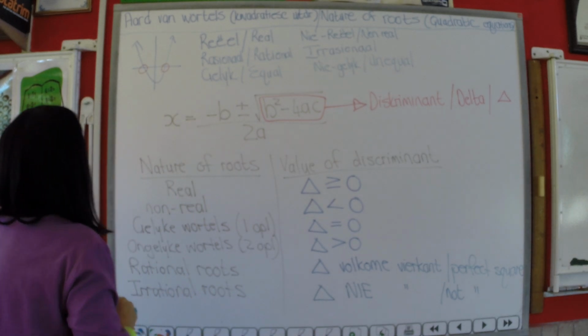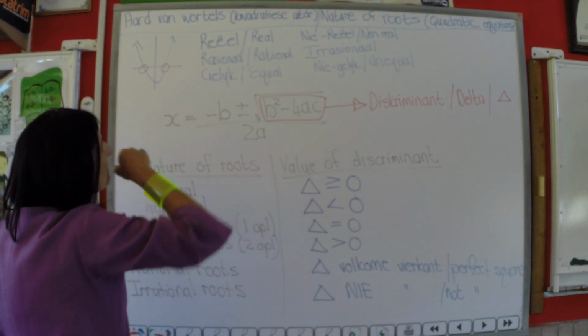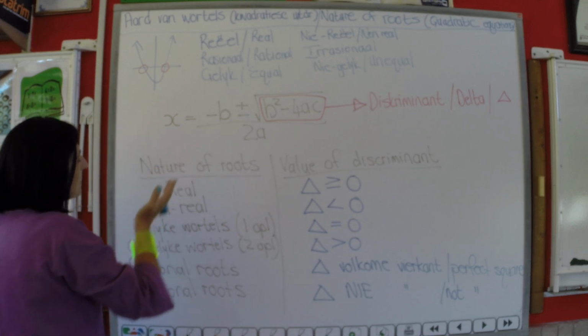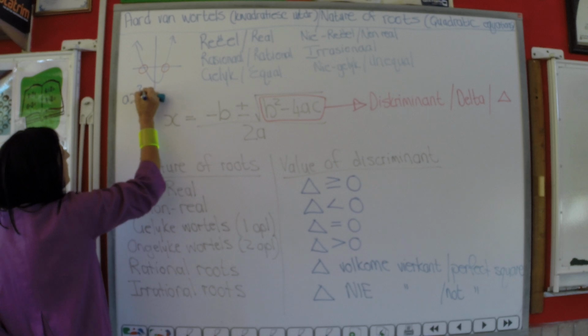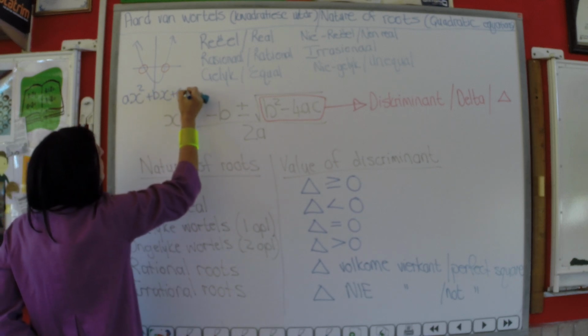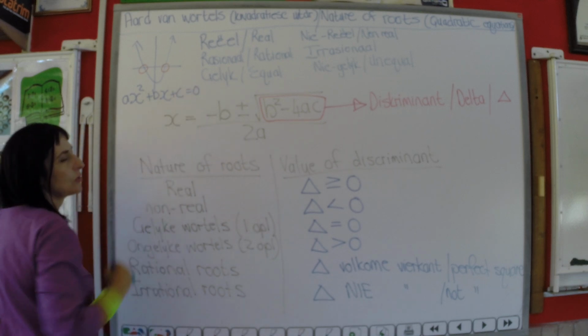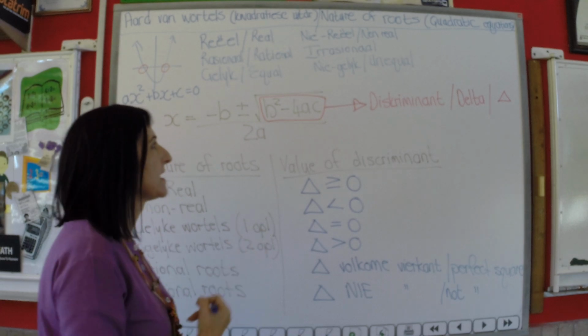Nou, die x-waardes kan ons bepaal deur 'n kwadratiese uitdrukking ax kwadraat plus bx plus c gelyk te stel aan 0 en hom te faktoriseer. Dan kry ons mos die x-waardes of die x-afsnitte.